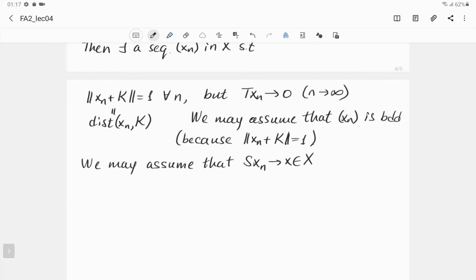Okay, so S of xn, what is this? So this is xn minus T xn, because well, S is 1 minus T. But T of xn goes to 0. And so this means that xn also goes to x.